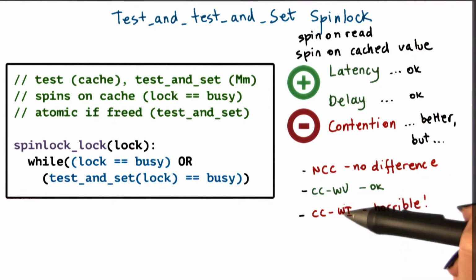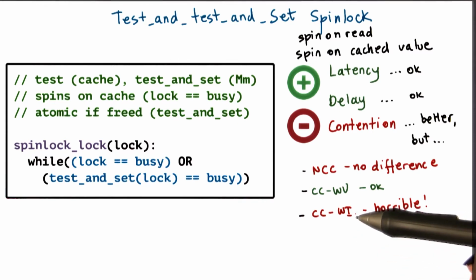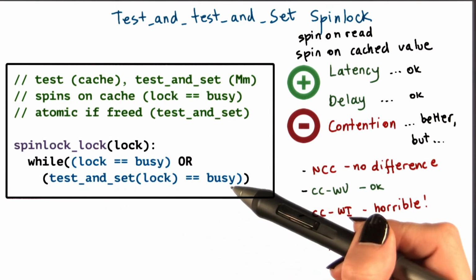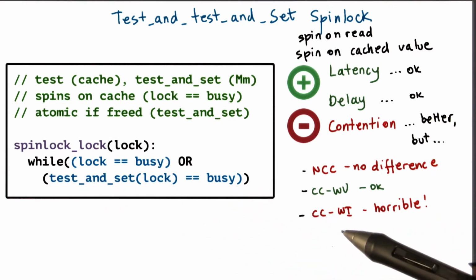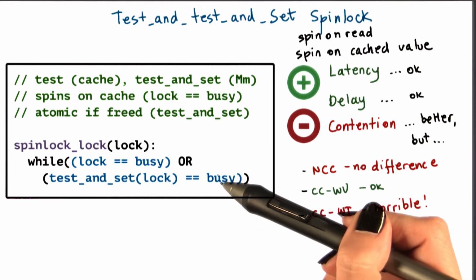However, with write invalidate, we will simply invalidate the cached copy. So it is possible that the lock was busy before the cache coherence event, before somebody executed an atomic instruction, and if the atomic instruction was not successful, we're basically continuing to have a situation in which the lock is busy.